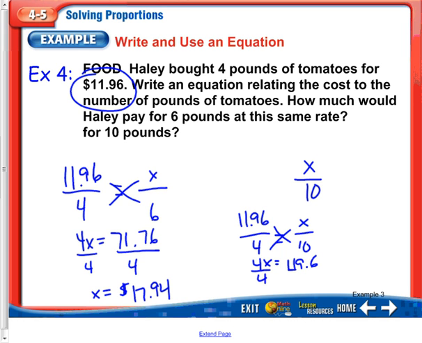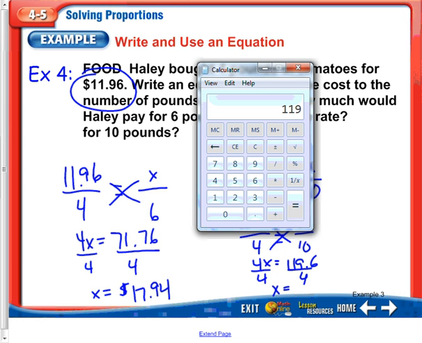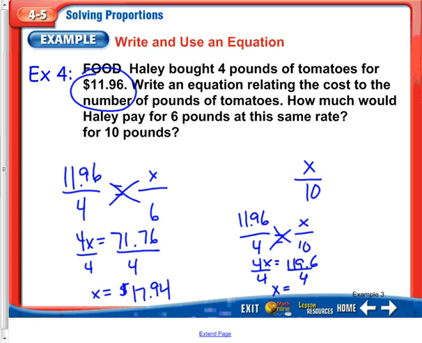Divide by 4, and we get x equals, and we can take 119.6 and divide that by 4 to get $29.90. Don't forget your dollar sign. And that's how much it's going to cost us for 10 pounds of tomatoes at the same rate.